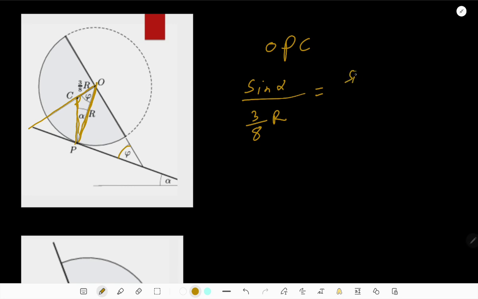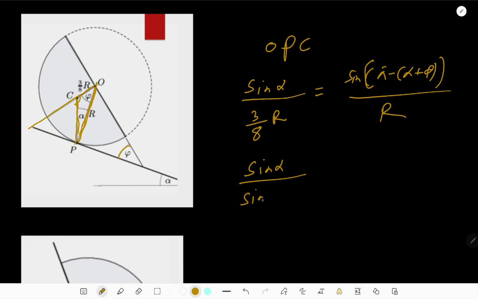So we can write sine of pi minus alpha plus phi, that is of course sine of alpha plus phi, divided by r. So this result gives us sine phi upon sine of alpha plus phi is equal to 3 by 8.